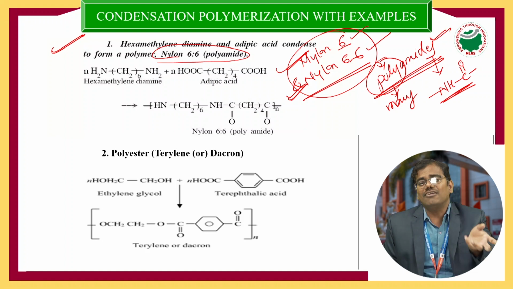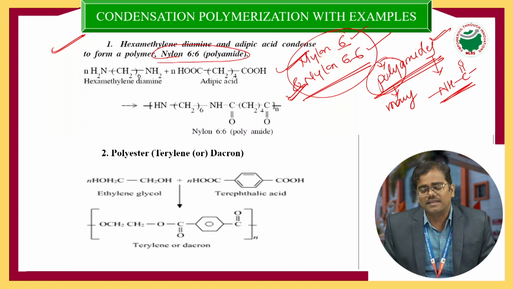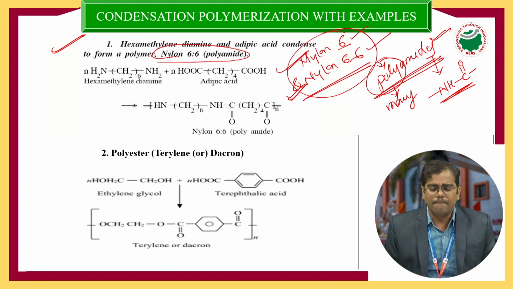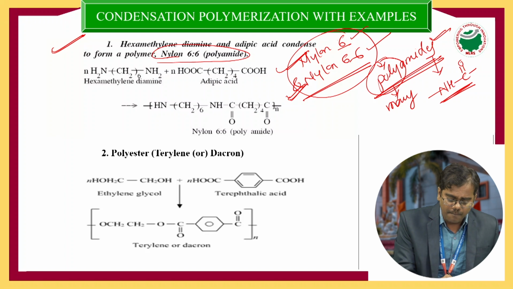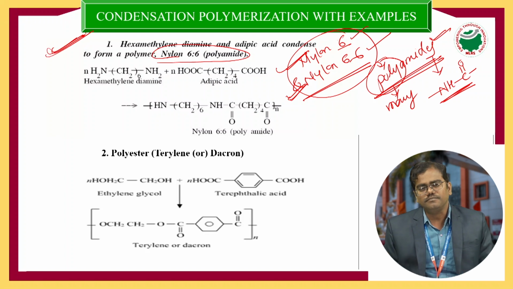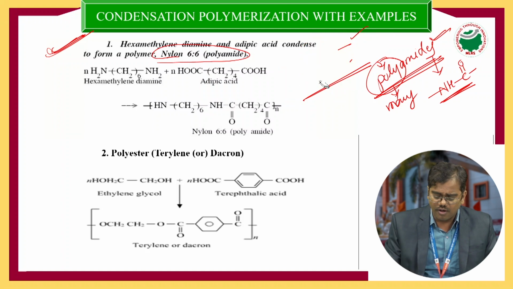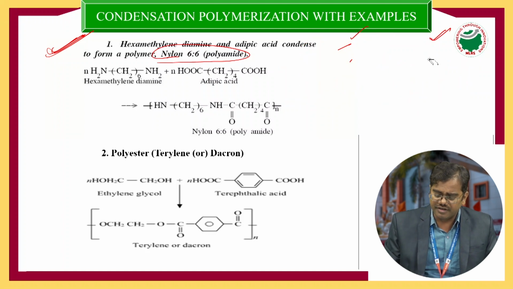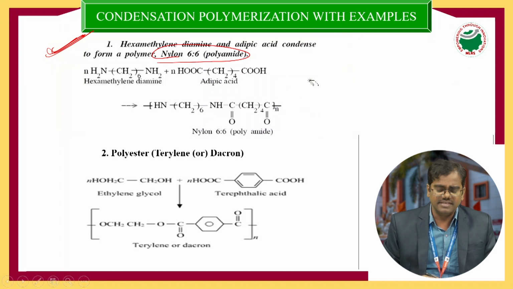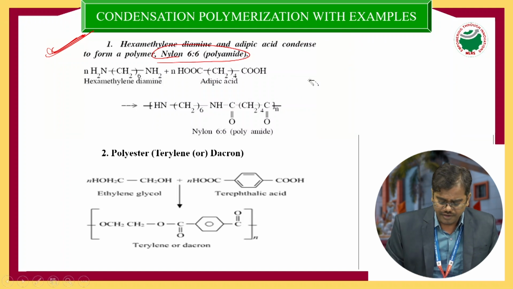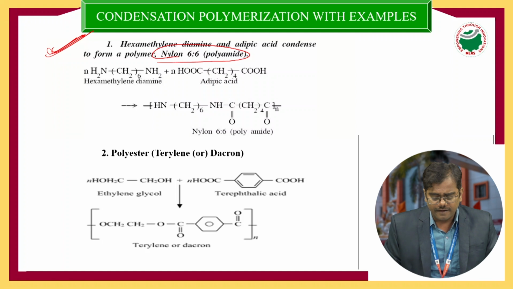These nylon 6 and nylon 6,6 polymers we can synthesize or prepare by condensation polymerization. Okay guys, let's see the best example for this condensation polymerization in our engineering chemistry syllabus as per JNTU or as per our MLRS R24 regulation.